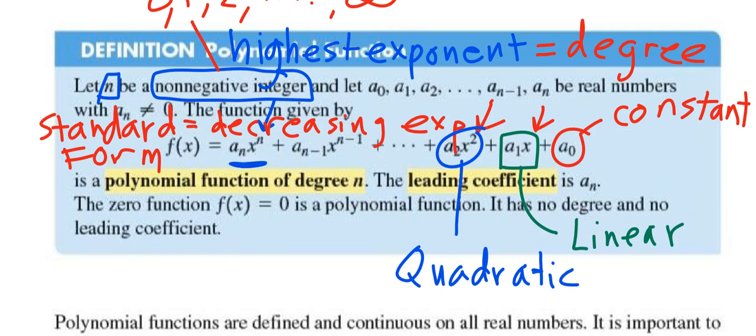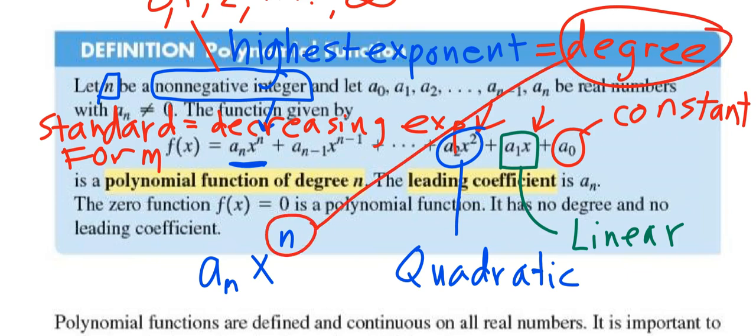This term right here is fairly important to you. A sub n x to the n. Now we've already highlighted the fact that the degree, that's the n right there, that's the degree. But this thing right here is called the leading coefficient.